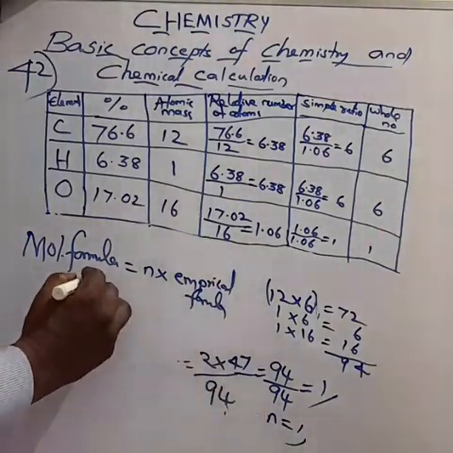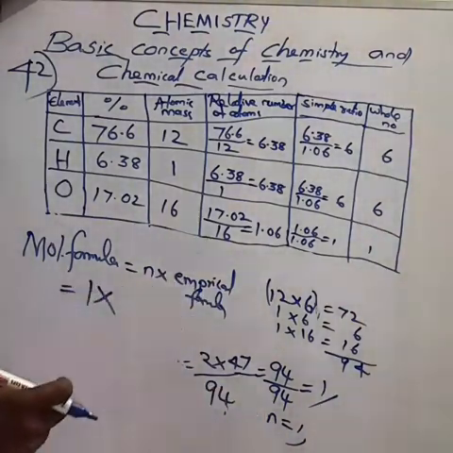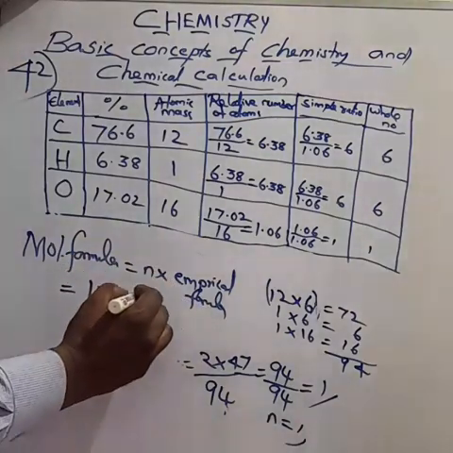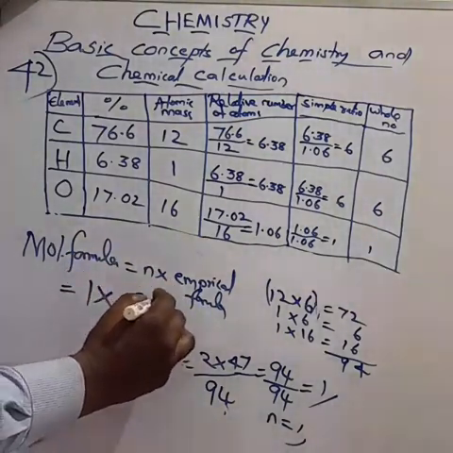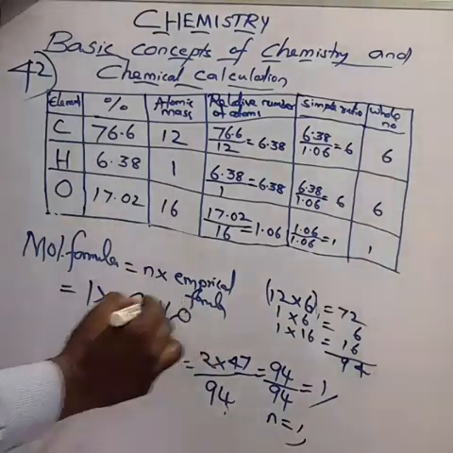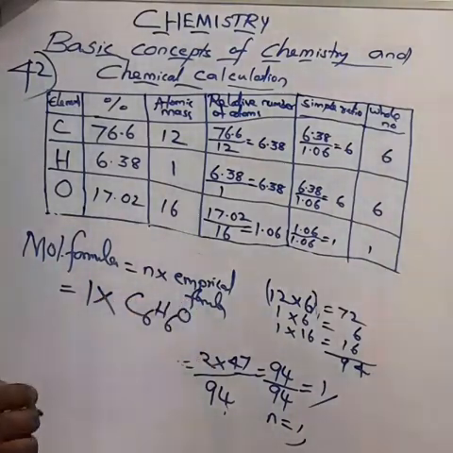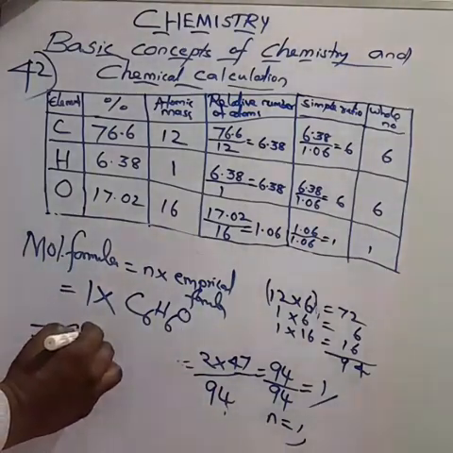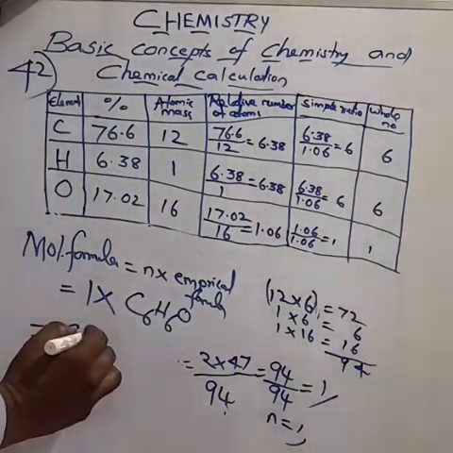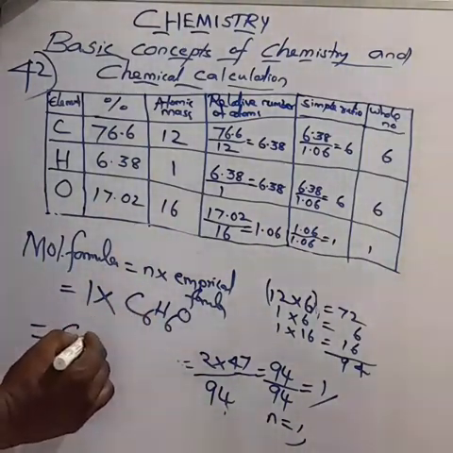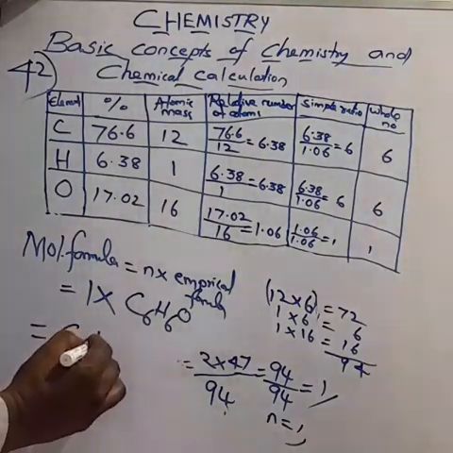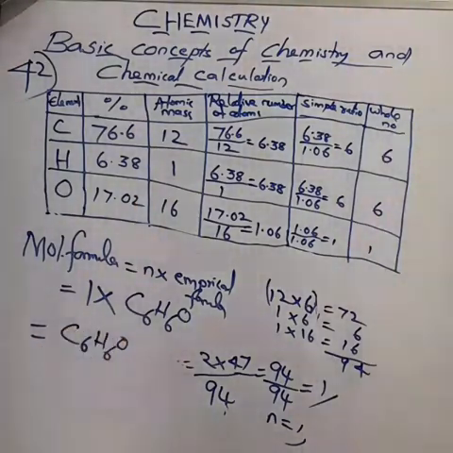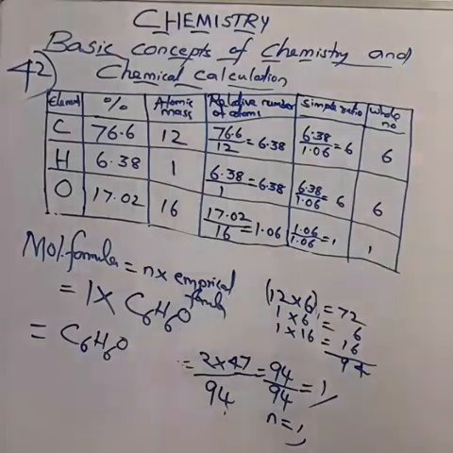Now we found the value of n. 1 into empirical formula. Empirical formula we already wrote. What is the formula here? C6H6O. Am I right? C6H6O. So what is the molecular formula? Molecular formula is equal to C6H6O. Okay, this is the first problem. Am I right?